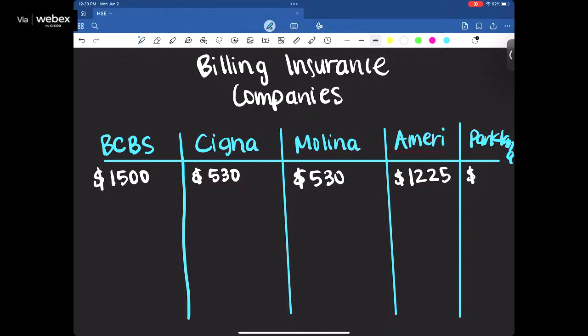And Parkland gets billed $48. Your challenge is to find the mean, the median, the mode, and the range.